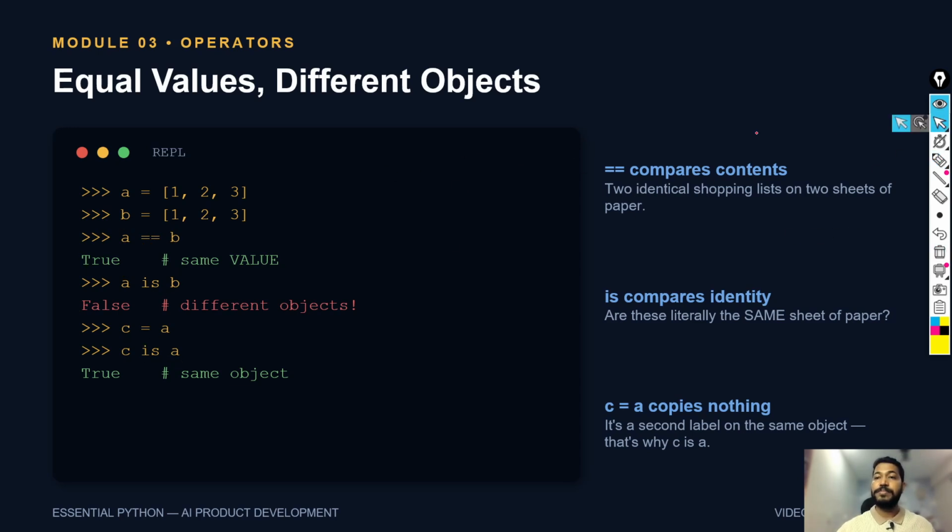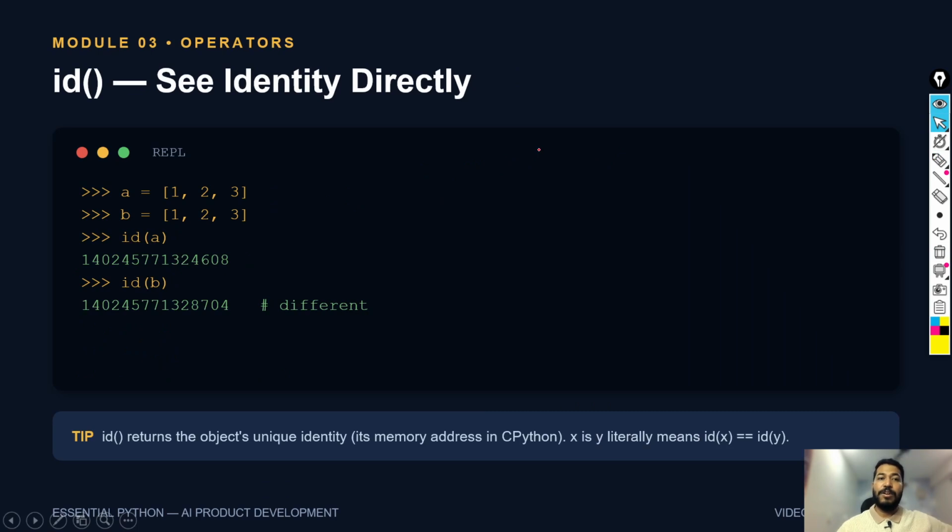Let's jump to the next slide. Okay, talking about identity. I already mentioned that we use identity to get the address of those objects. A is referring to a certain list object, B is referring to a certain list object. Content-wise both are the same, but memory-storage-wise, address-wise, they are referring to different list objects. So the ID of A, you see this address is different from this address.